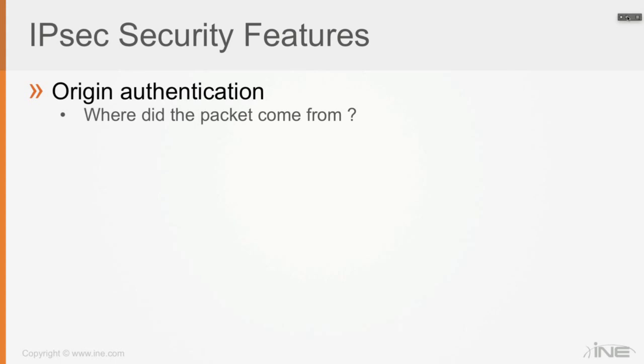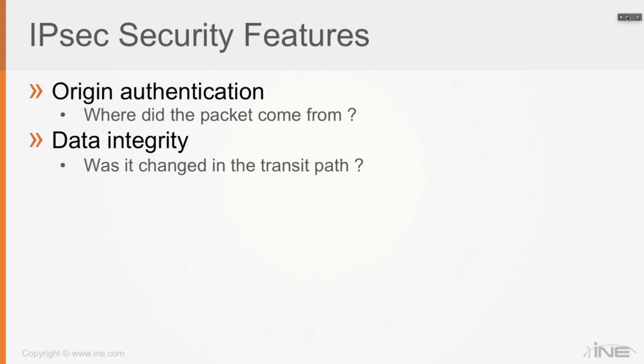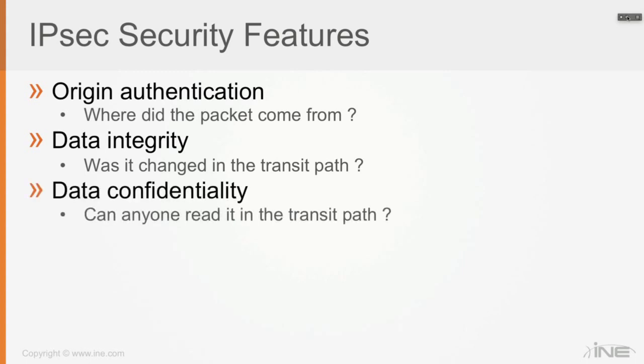We don't want anybody to be able to inject spoofed packets in there. Data integrity, which means you've got to make sure that the data was not modified in transit without authorization. Data confidentiality, so that if somebody in the transit path, like on the internet, manages to capture the traffic, we don't want them to be able to read the data.